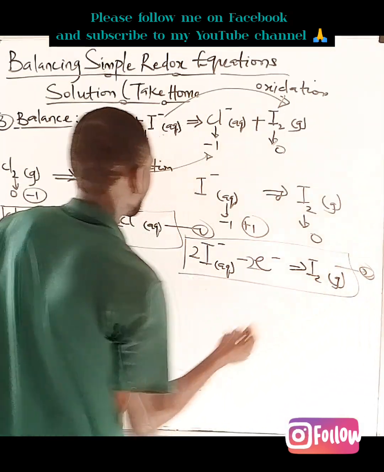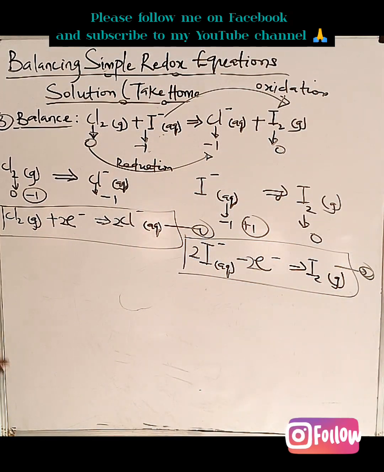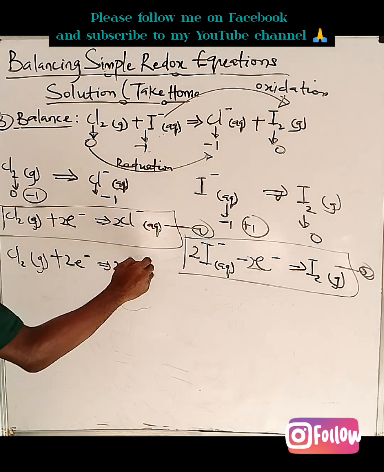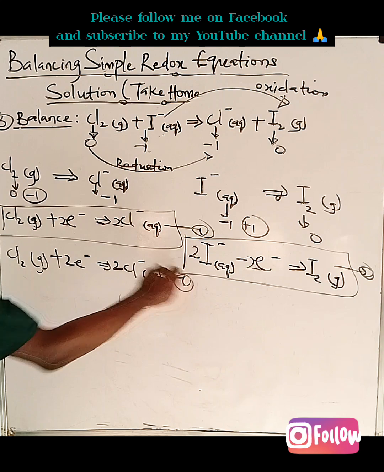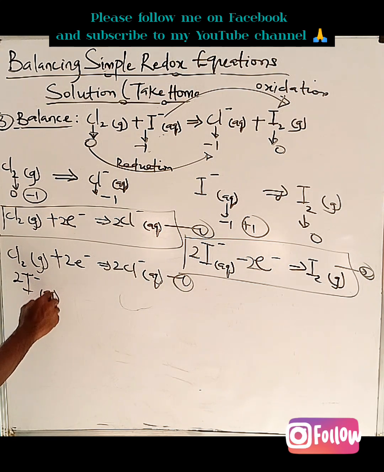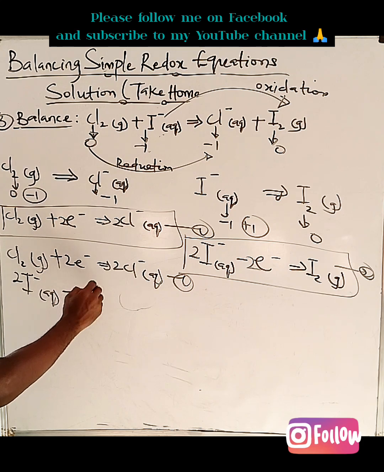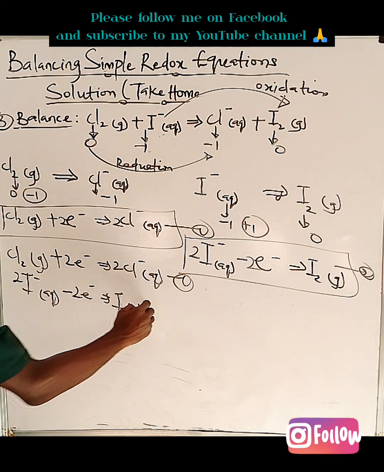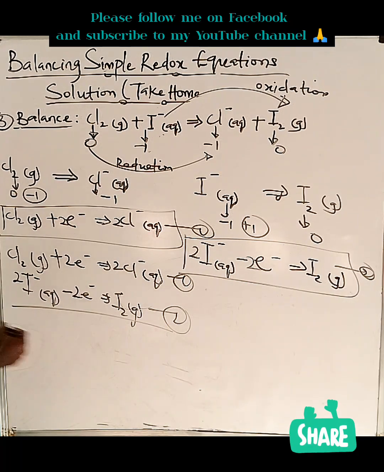The next thing we're going to do now is bring them together and solve them simultaneously. So you have chlorine gas plus 2 electrons gives us 2 Cl minus aqueous, equation 1. Then 2 I minus aqueous, minus 2 electrons, gives us I2, iodine gas. So what do we do next?